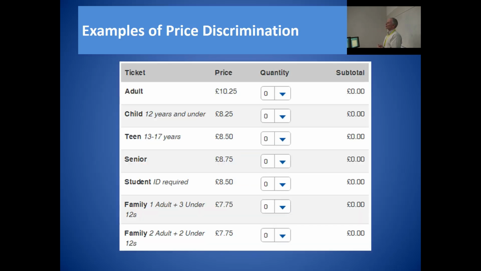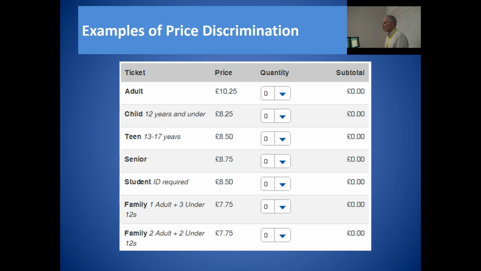if I want to book tickets, there you go. If I go and get a ticket for each of us, it will cost me £10.25 per ticket. I'm not complaining about the price, but that's what it's going to cost me. However, if you go to watch the very same movie in the very same movie theatre, potentially sitting in the very same seats, as a student, you would pay only £8.50.